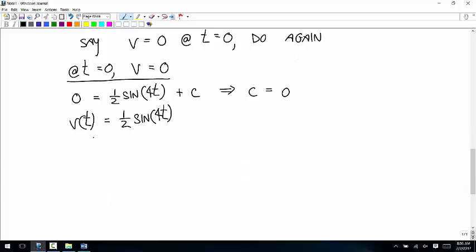And now we want to find a time value where this is equal to 0, because that's where it changes directions. So find time where the velocity is equal to 0.